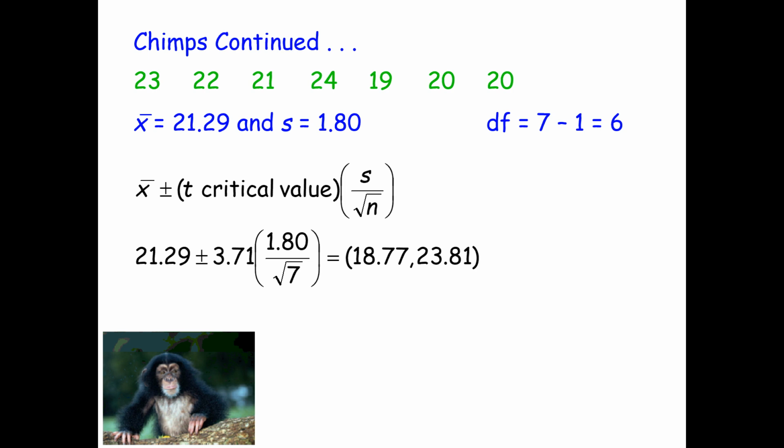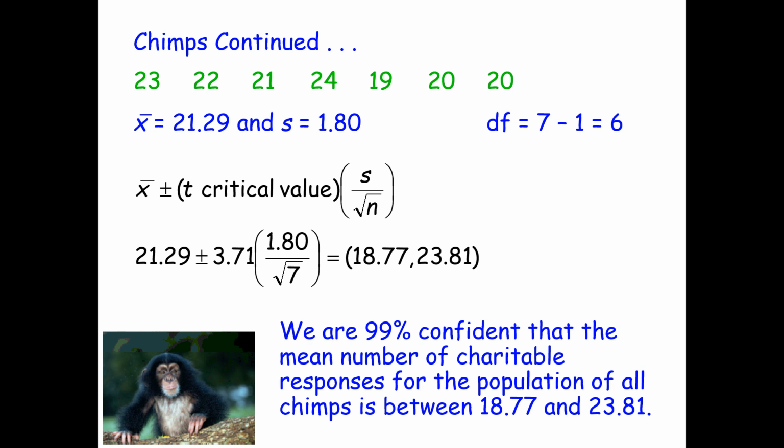So what does that mean in context? Well, it means that we are 99% confident that the mean number of charitable responses for the population of all chimps is between 18.77 and 23.81.